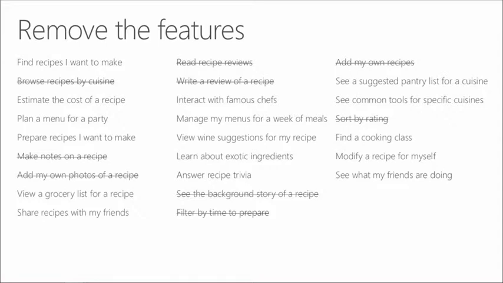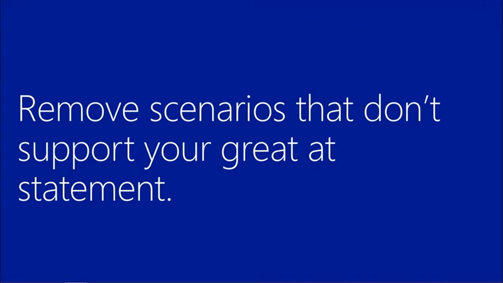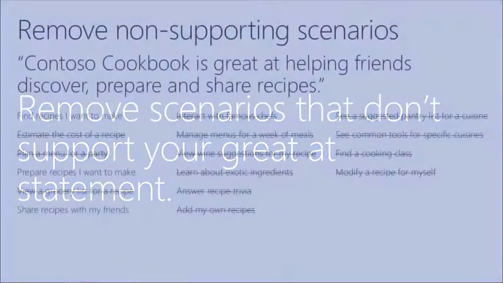That could be very valuable, but it's just supporting of a scenario, and it's not a scenario in itself. Or browse recipes by cuisine, or make notes on the recipe. You can see that those are all features. So what we want to do is remove scenarios that don't support the great ad statement. Now we've removed all the features and just have a clear list of scenarios that support my great ad statement.